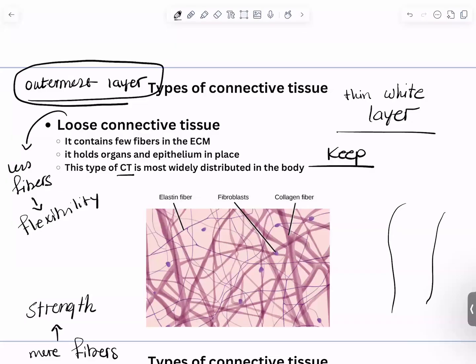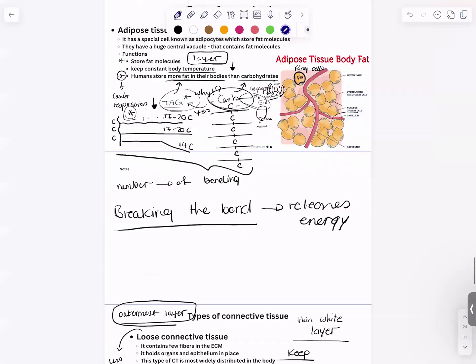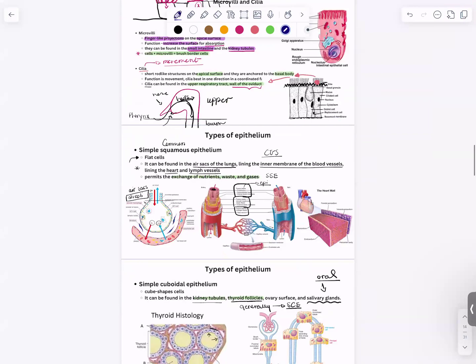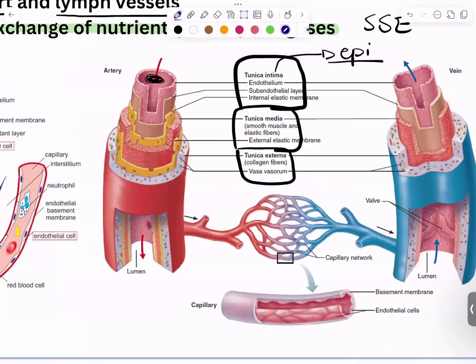And there's a blood vessel in the middle. The outermost layer of the blood vessel is connective tissue which binds the blood vessel to the parts of muscle. If we go to this picture, maybe I can show you. Yeah, this is the tunica externa, which is the connective tissue. It has the connective tissue with fibers.